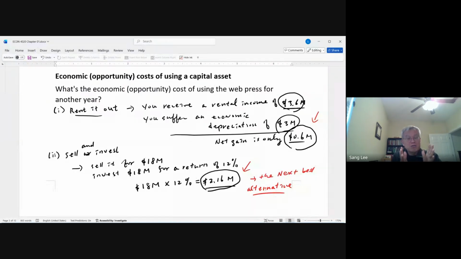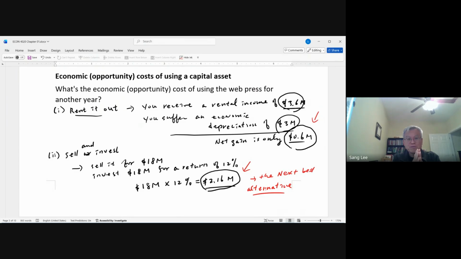So when you decide whether or not you're going to use this web press machine for another year, then what? If I use this web press machine for another year, no matter how much money I make, will I be able to make more money than this $2.6 million? So that's how you base your decision.